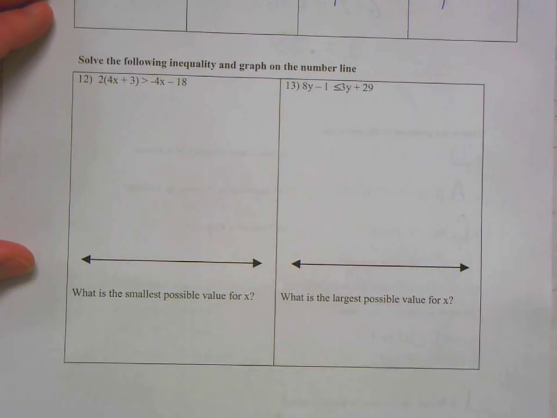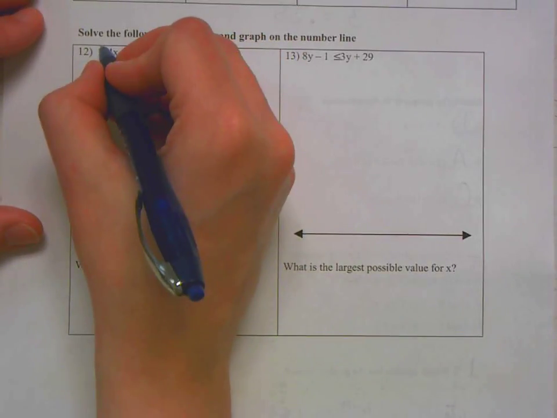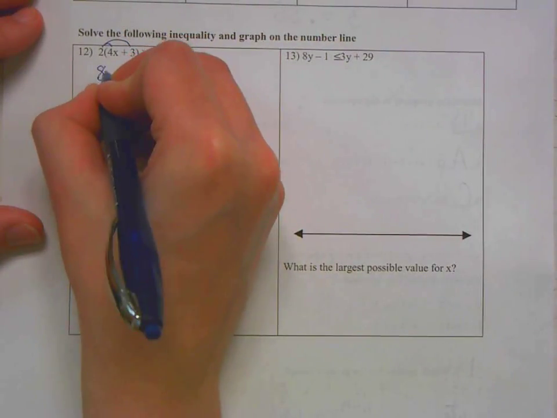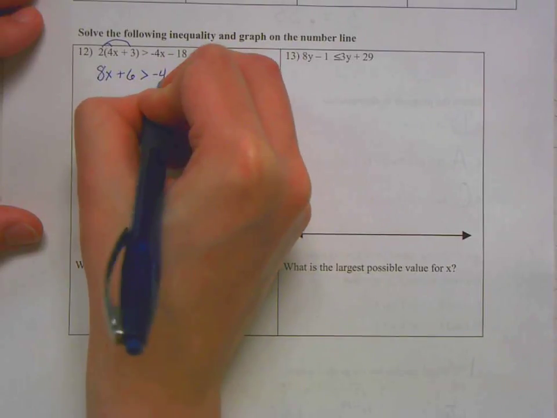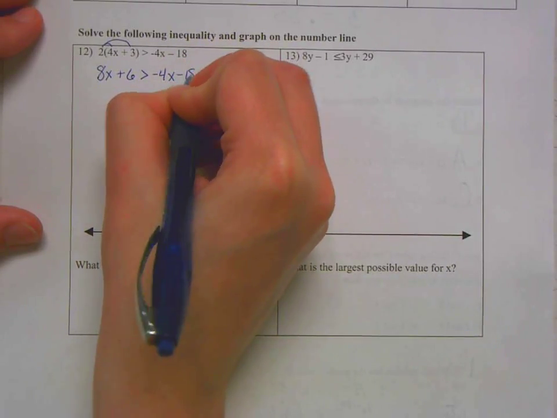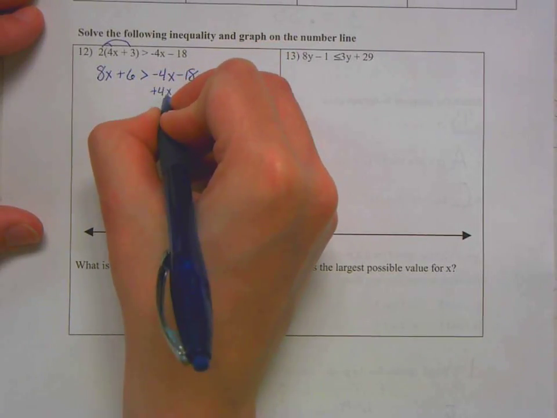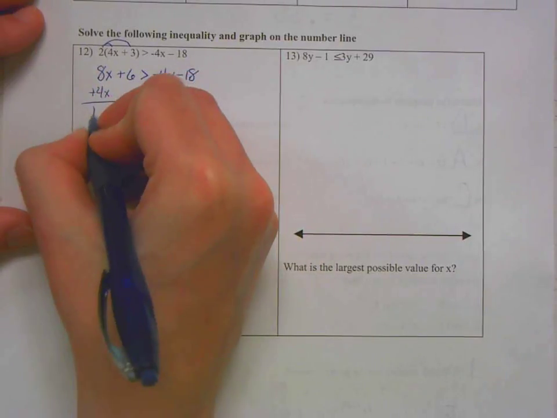Number 12, I have to solve my inequality and then graph it on the number line. So I'm going to distribute. So pretend like it's a regular equation. Don't let the inequality throw you off. So I'm going to move my x. It's a negative 4, so I add it to the 8x.